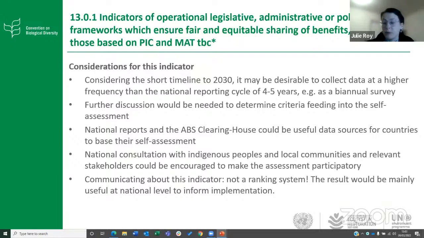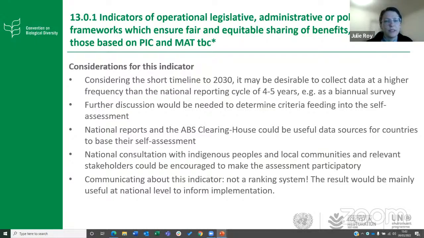So from the Secretariat perspective, maybe it's desirable to collect data at a higher frequency than, for example, through national reports, which, as I mentioned earlier, would be about every 4 to 5 years. So perhaps through a biannual survey that could be distributed to national focal points, we'd already have at least 3 to 4 data points going to 2030. And maybe that also builds in a learning curve for the first use of the survey that would require capacity building and guidance to be provided to the people using the survey.